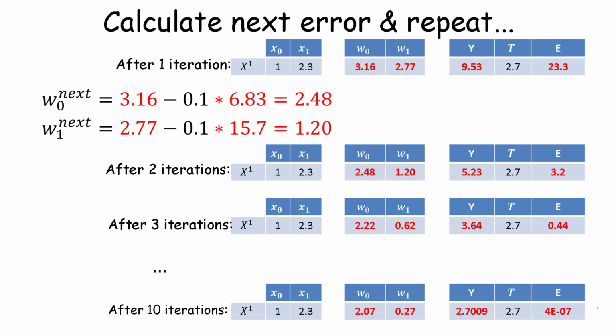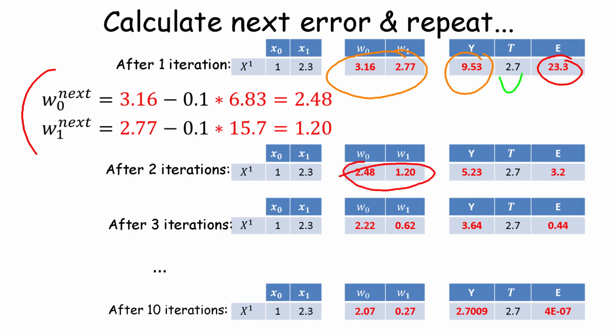When we feed the sample data into the neuron again, using these weights now, we get 9.53 as the output, which is closer to the target value 2.7 than before. The error has gone down to 23.3, but we are still not satisfied with the amount of error. We repeat the weight update again, change the weights, feed the sample again, and get the new output.